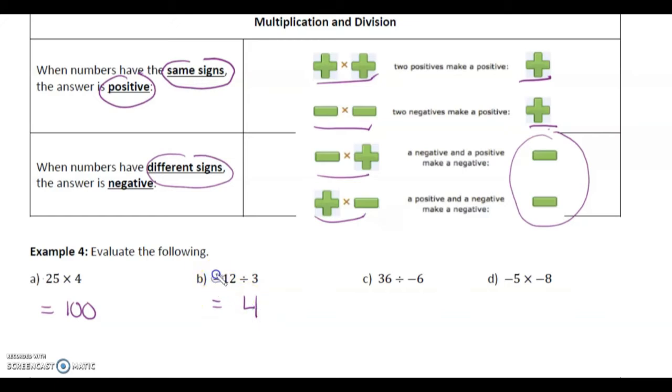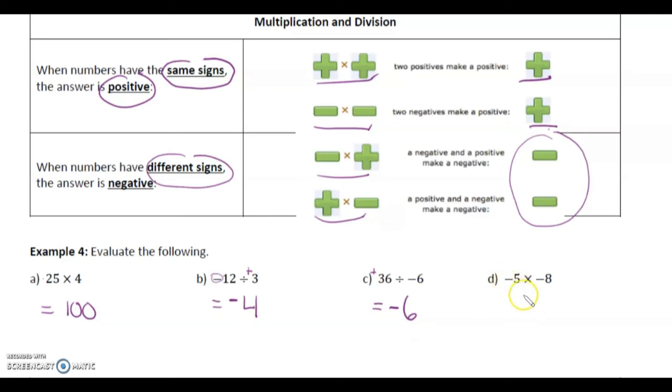And if we have one negative symbol and one positive symbol, our answer is negative. Okay, so 36 divided by negative 6. So 36 divided by 6 is just 6. And now when we analyze that one is a positive sign and one is a negative sign, our answer is also going to be negative.